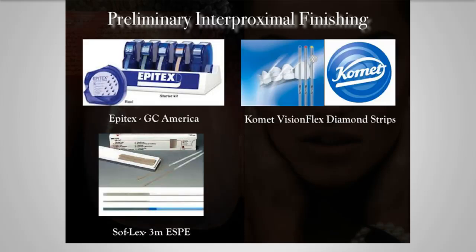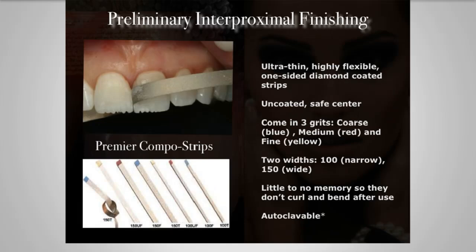However, when I do get into some of the finer interproximal finishing, I do prefer the Epitex by GC. It's just a very thin material, and this is something you could actually pass through a contact. By design, any of the diamond strips are going to be thicker and would probably destroy a contact if you use them injudiciously.